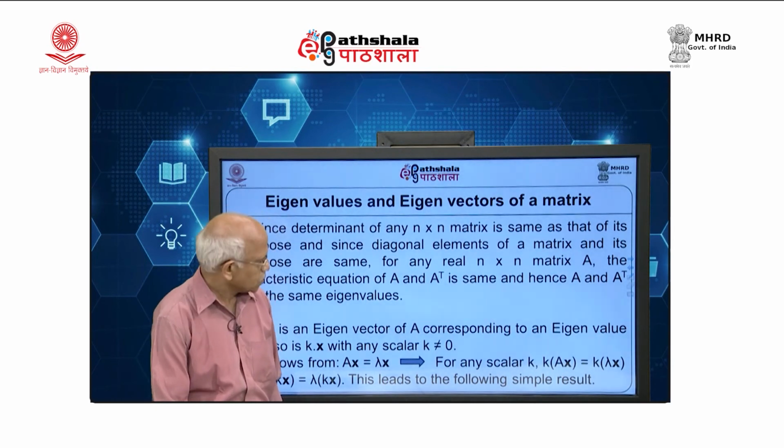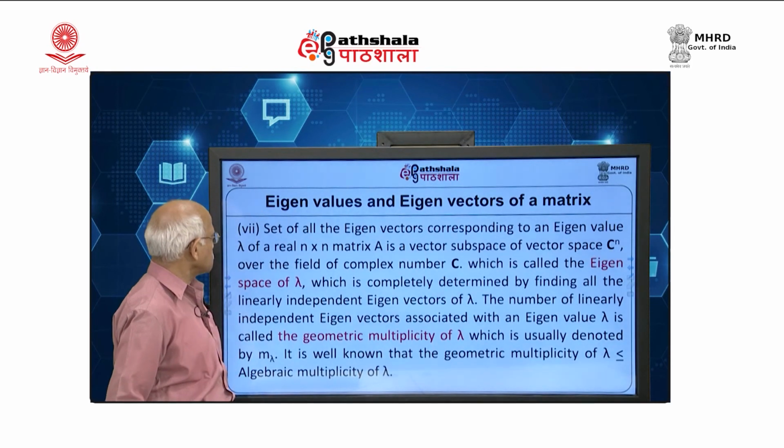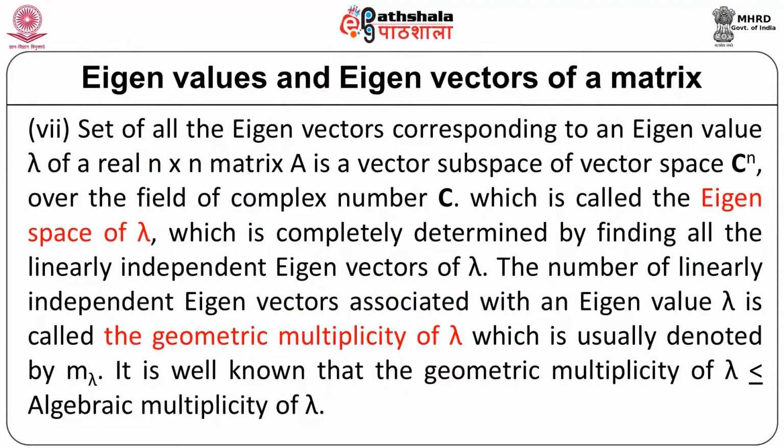So, this means that k x bar is also an eigenvector of A corresponding to eigenvalue lambda. This leads to a very simple result: every multiple of an eigenvector is again an eigenvector. Therefore, the set of all eigenvectors corresponding to an eigenvalue lambda of a real n cross n matrix A is a vector subspace of the vector space C n over the field of complex numbers C, which is called the eigenspace of lambda.